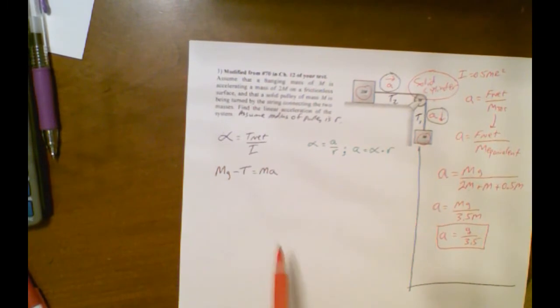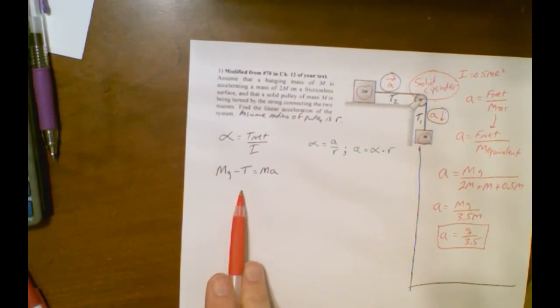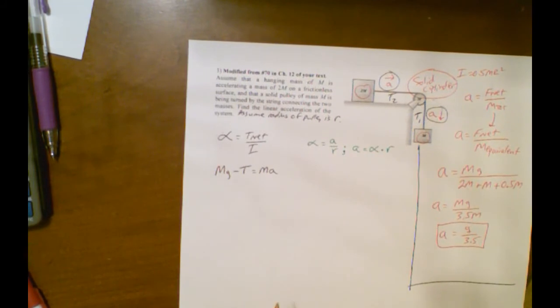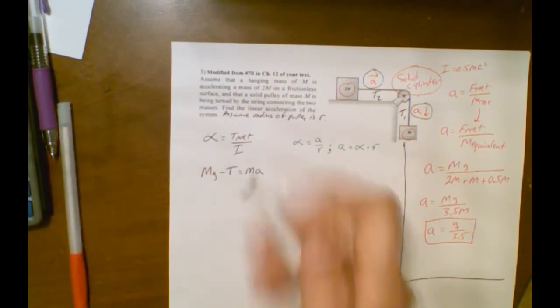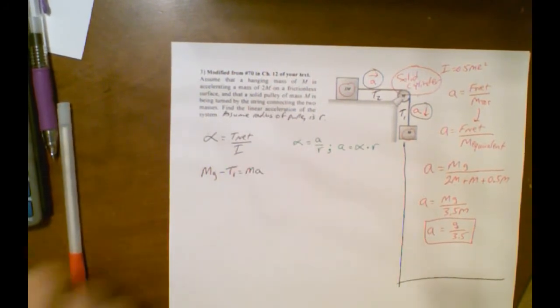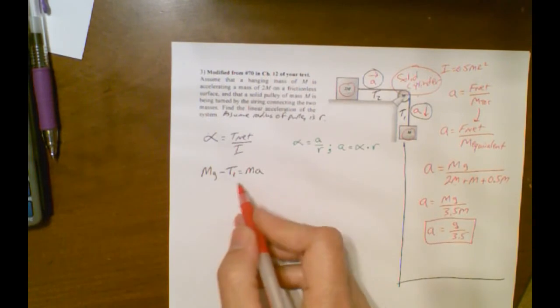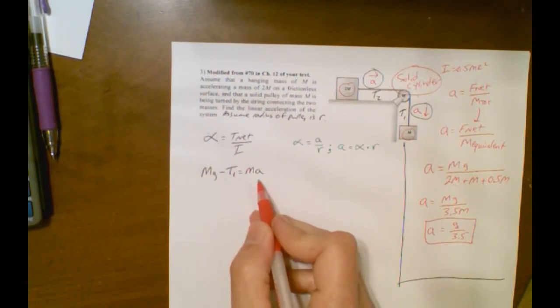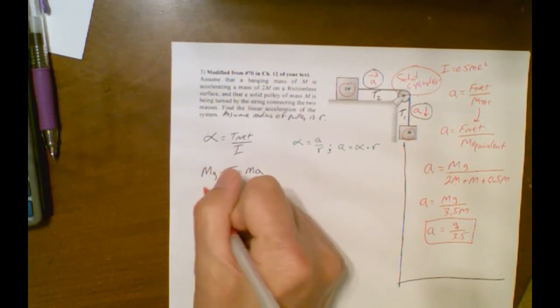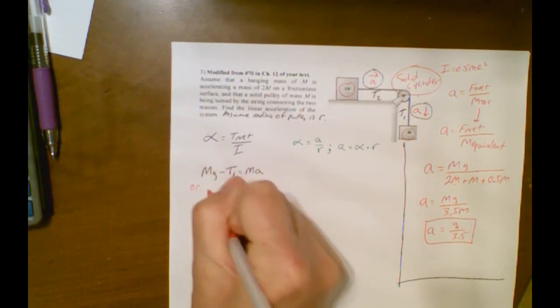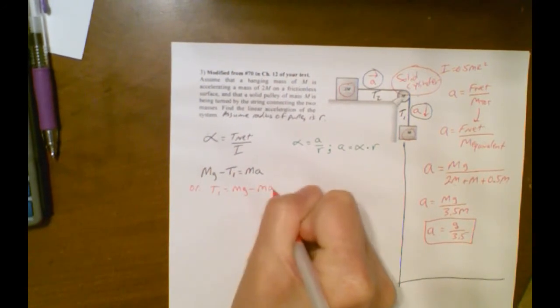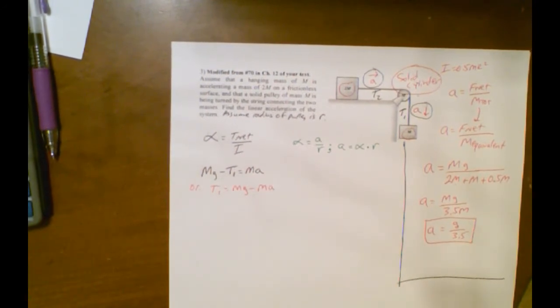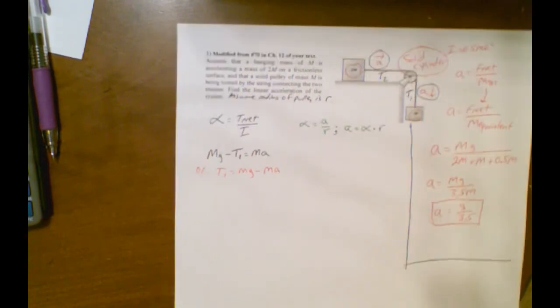We're using Newton's second law a bajillion different ways here, both with the way that I did it before and here. So, I need to be careful. This is T1A. Now I could add T1 to both sides, subtract ma from both sides, and say T1 is equal to mg minus ma. Okay, that's going to come into play a little bit later.